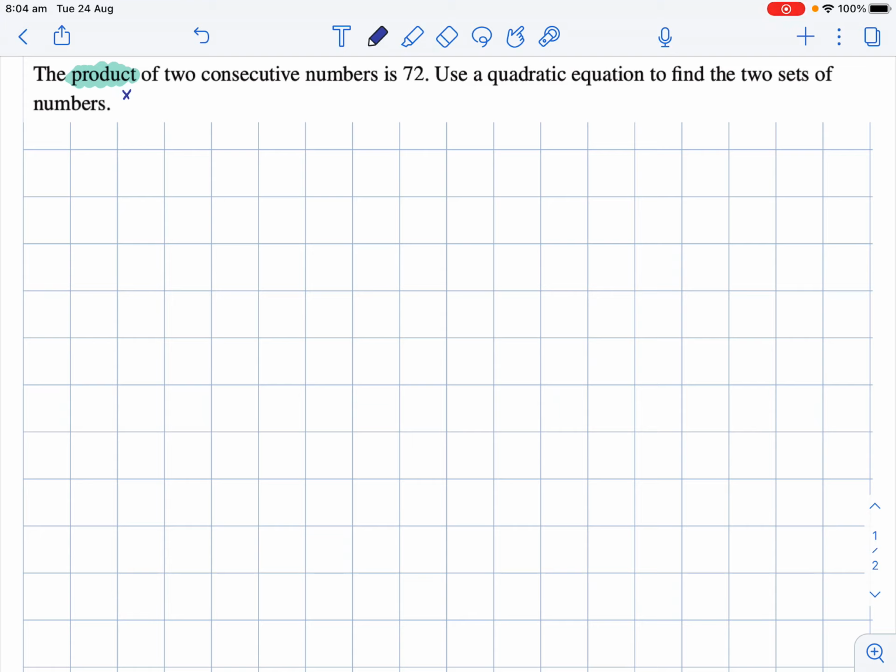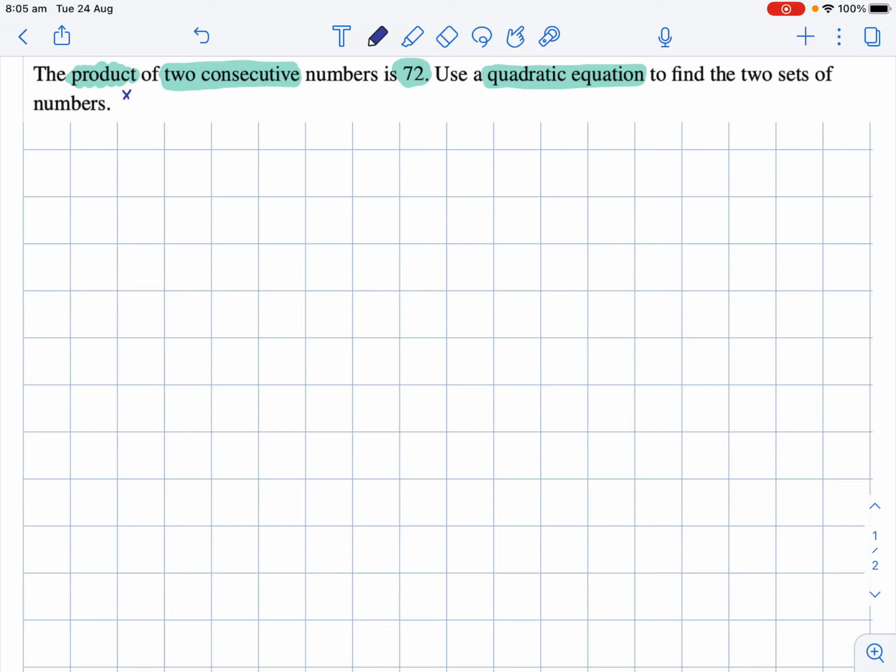Two consecutive numbers, that means two numbers that come one after the other, equals 72. Again, we can't just use problem solving techniques and guess and check because it tells us to use a quadratic equation. If we don't use a quadratic equation, then we're not answering the question that we've been asked.